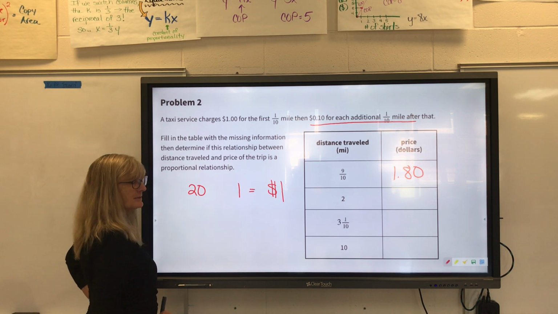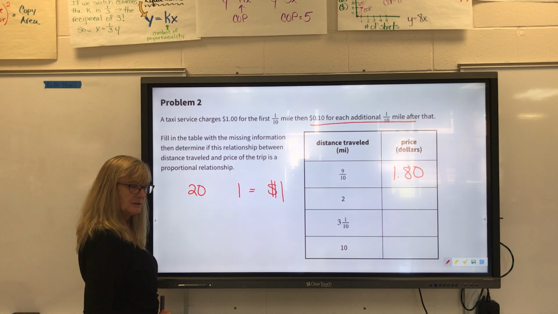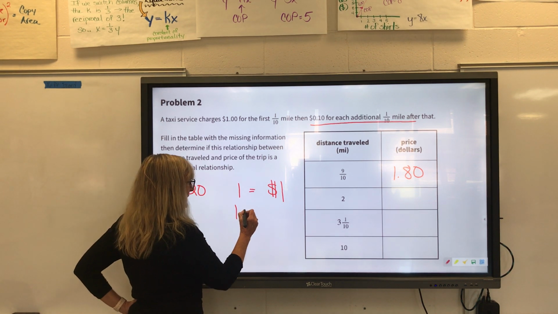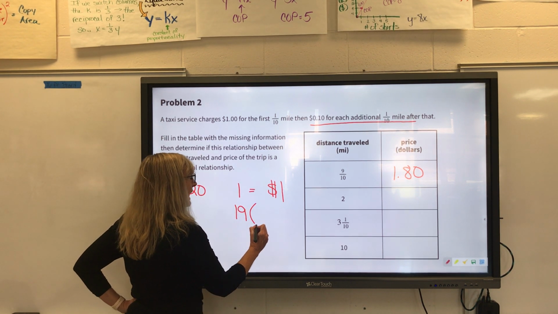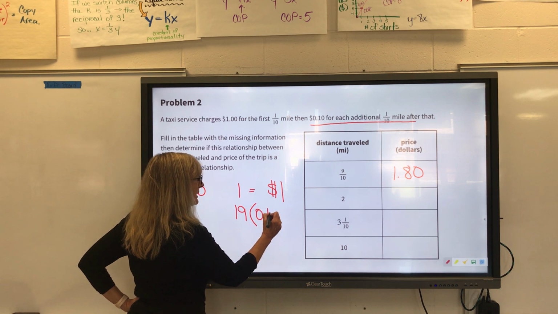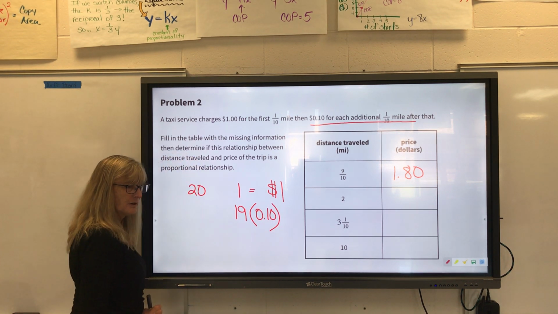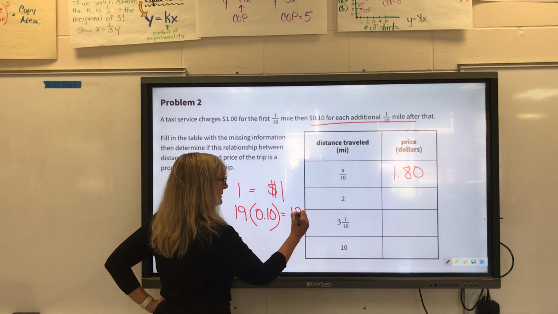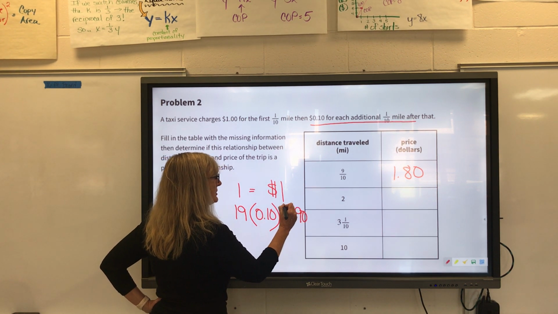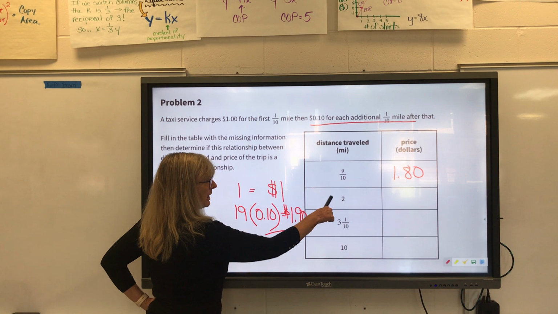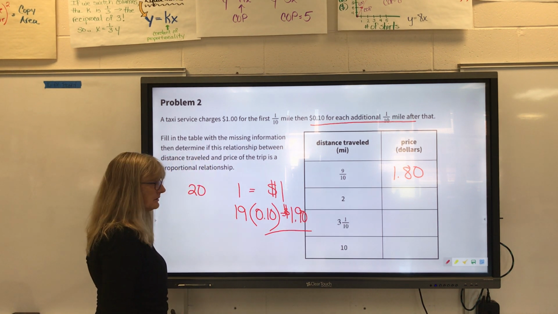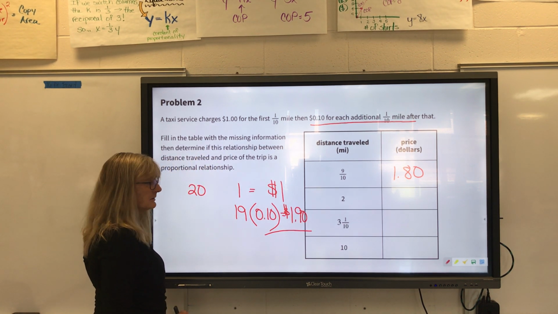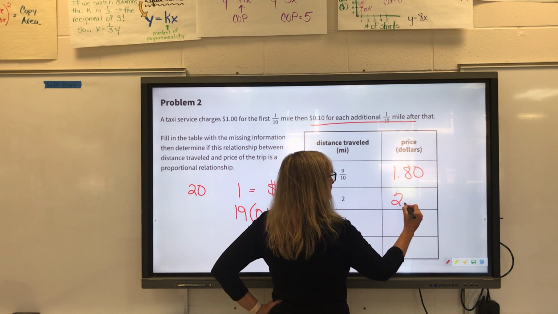How many tenths do I have left? I have 19 tenths left, and they charge me 10 cents for every one of those tenths. So this is going to cost $1.90. So what is my total cost to drive 2 miles? $2.90. Awesome.